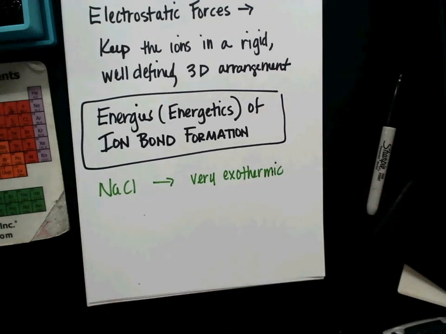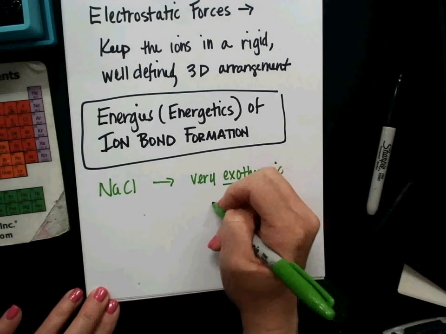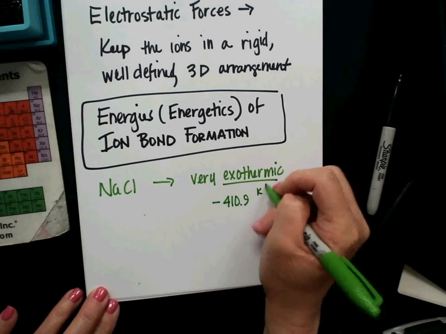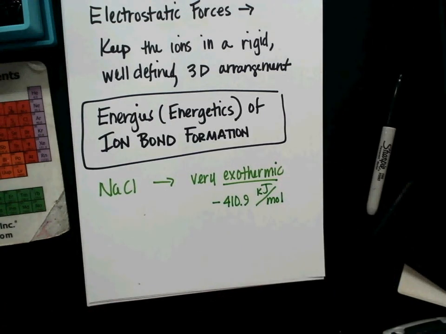NaCl was very exothermic, and you'll find most of these are because they're becoming more stable when they form a bond. So it makes sense that they would give that energy off to the surroundings. And I think we had negative 410.9 kilojoules per mole of energy that was given off.